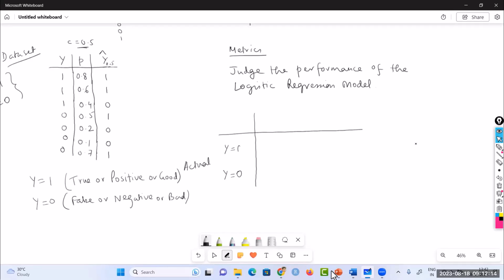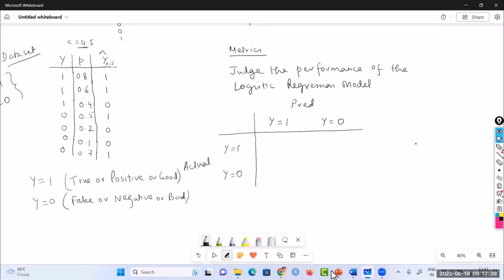Here I'll create this table. Actually y is true, actually y is false. And in the columns I have the predicted y value, predicted by my logistic regression model: y is good and y is bad, or y is positive and y is negative. Here I will get these 4 cells.